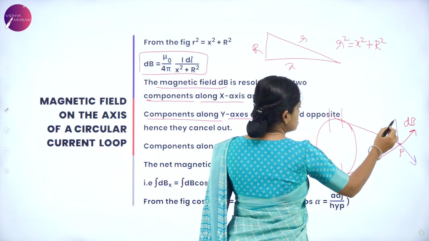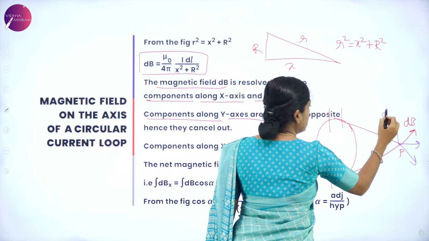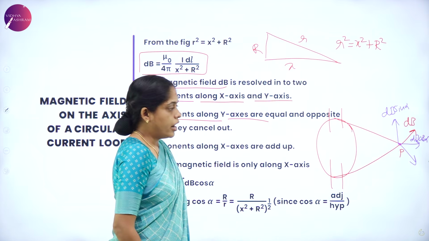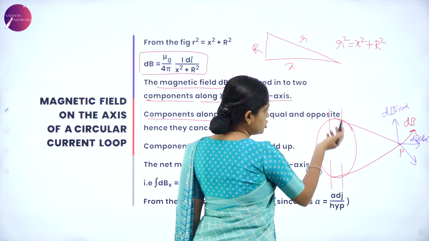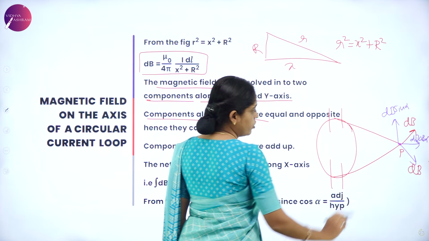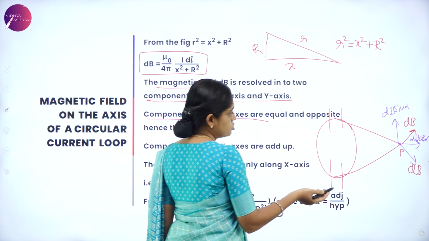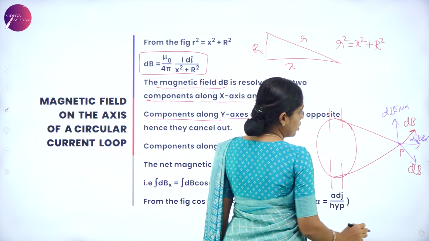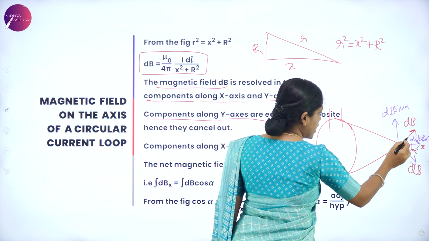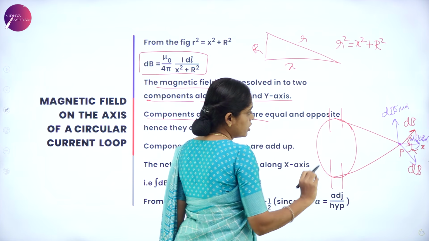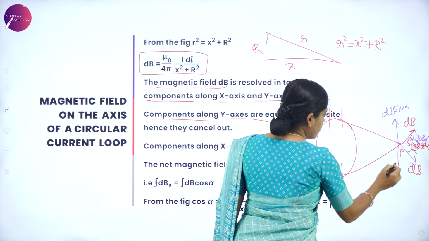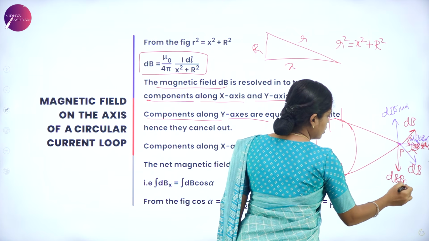When we resolve this into two components, dB sin alpha and dB cos alpha, the field due to the opposite current element is resolved in the same way, with the angle along the x-axis.